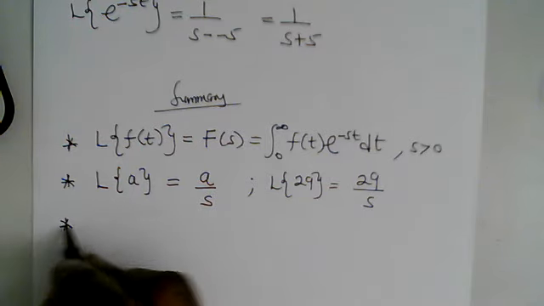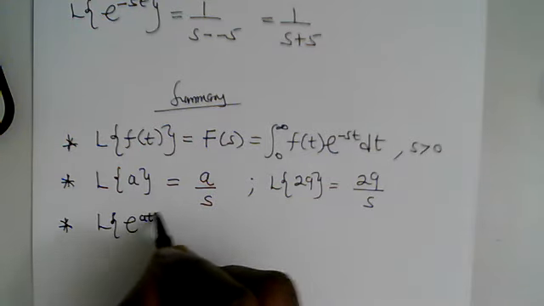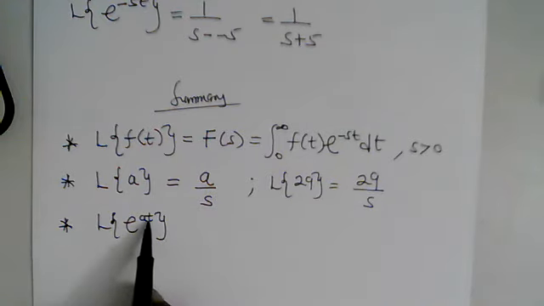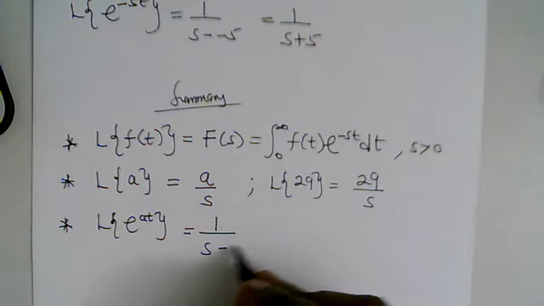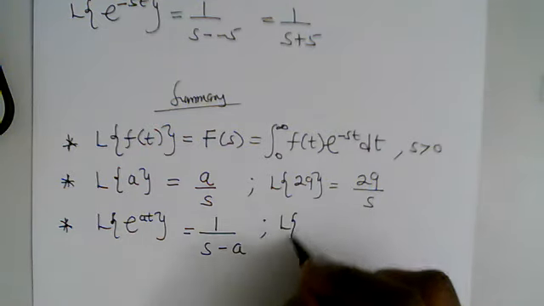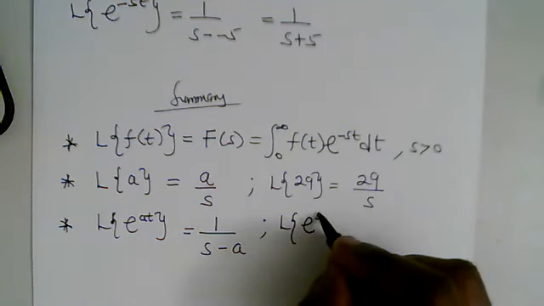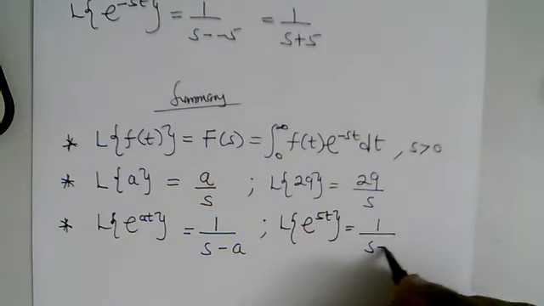And then finally, we looked at the Laplace of the exponential function, e to the power at, where a is a constant. This is 1 over s minus a. With this, we can find the Laplace of e to the power 5t, and this is 1 over s minus 5.